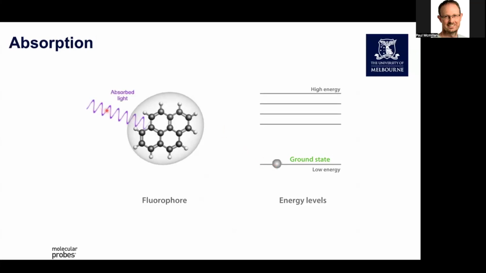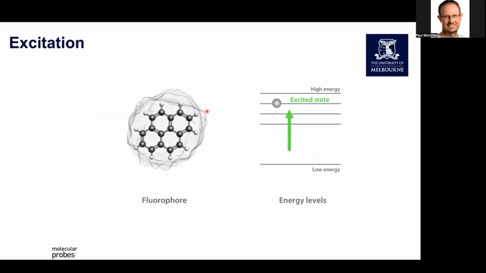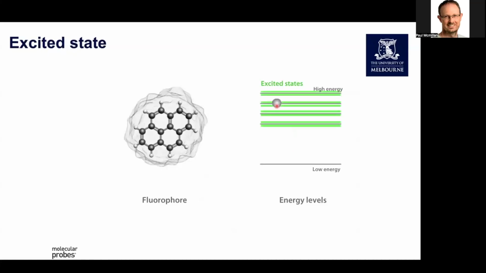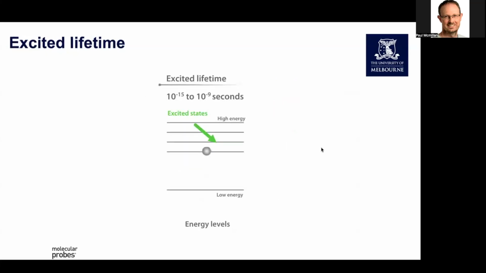Once we go through that first step, which is the absorption of the energy from the photon, these molecules go into what we call an excited state. So the energy in the electrons has increased. They will stay in that excited state for a very short period of time before losing some energy and reducing down to this minimally excited state.